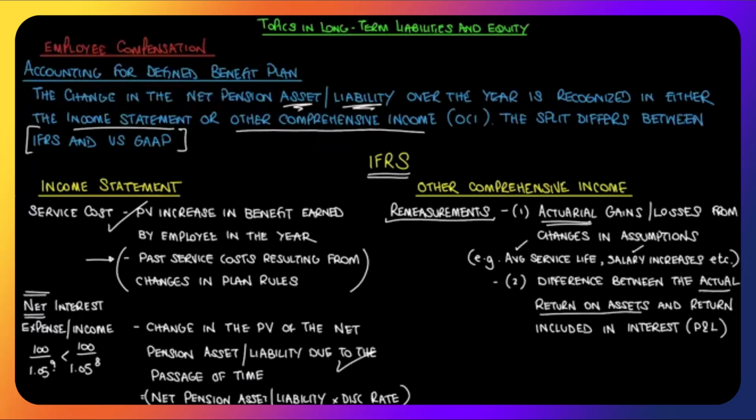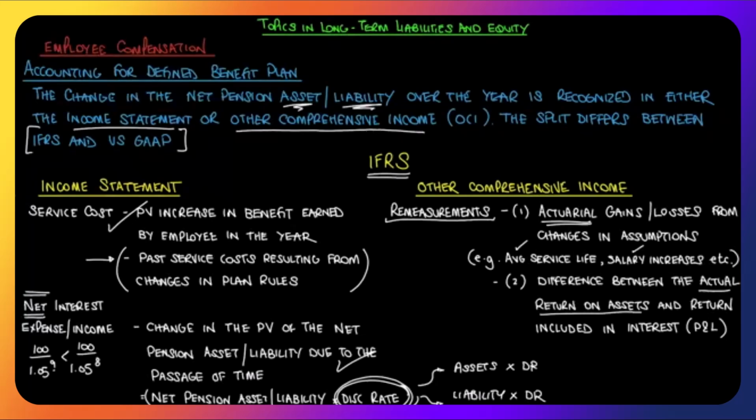How does IFRS do it? It uses the discount rate. When it calculates net interest expense or income, it's doing it on the net pension asset or liability. If we were to break that apart, what we're effectively doing is taking our plan assets multiplied by the discount rate, the PV of our liability multiplied by the discount rate, and netting those two off.